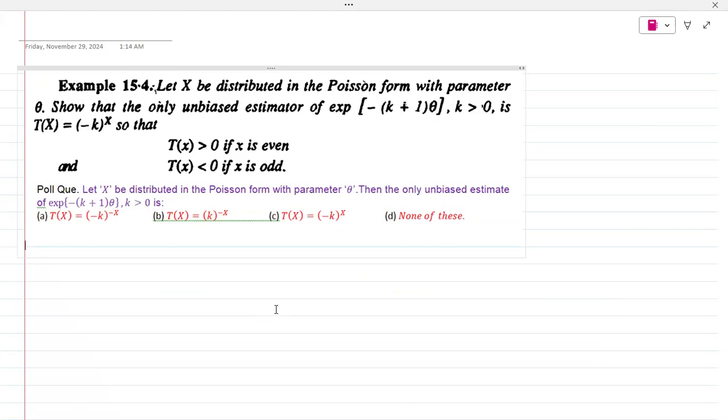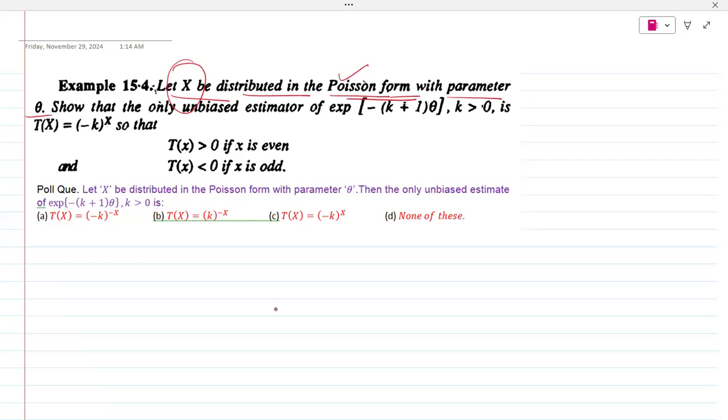So this is the last question on unbiased estimators. Let X be distributed in the Poisson form. Here your population has a Poisson distribution with the parameter theta.